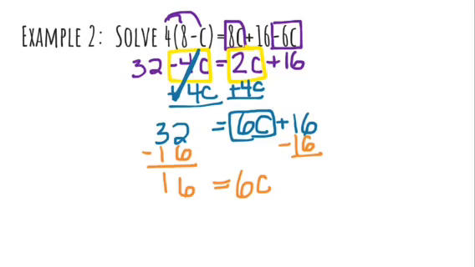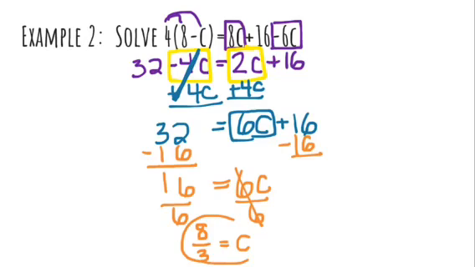And now I've got to divide by 6. So I am left with 16 over 6, which is going to reduce to, if I divide the top and bottom by 2, I've got 8 over 3 is equal to c.